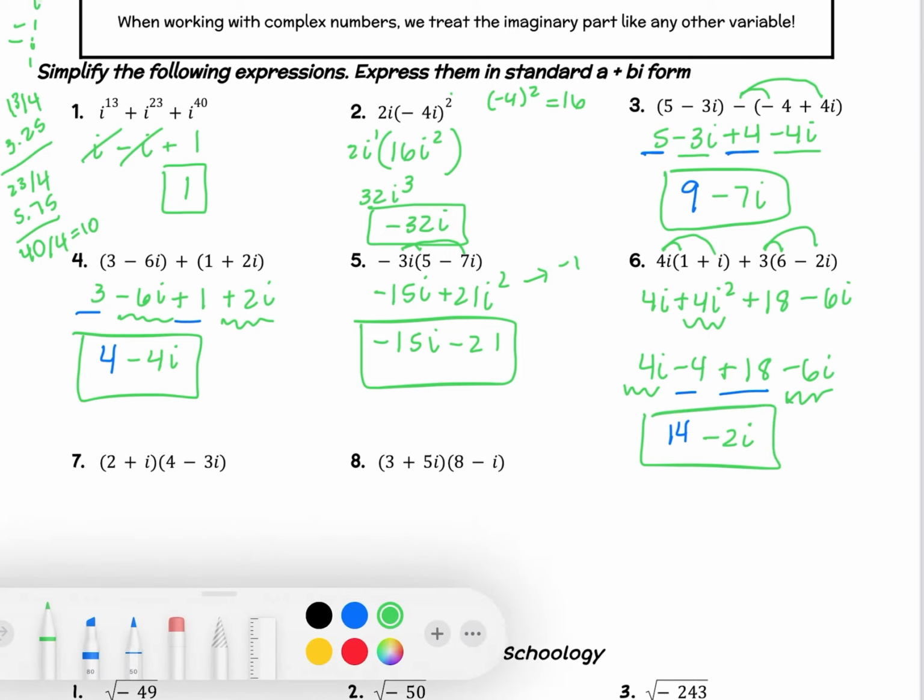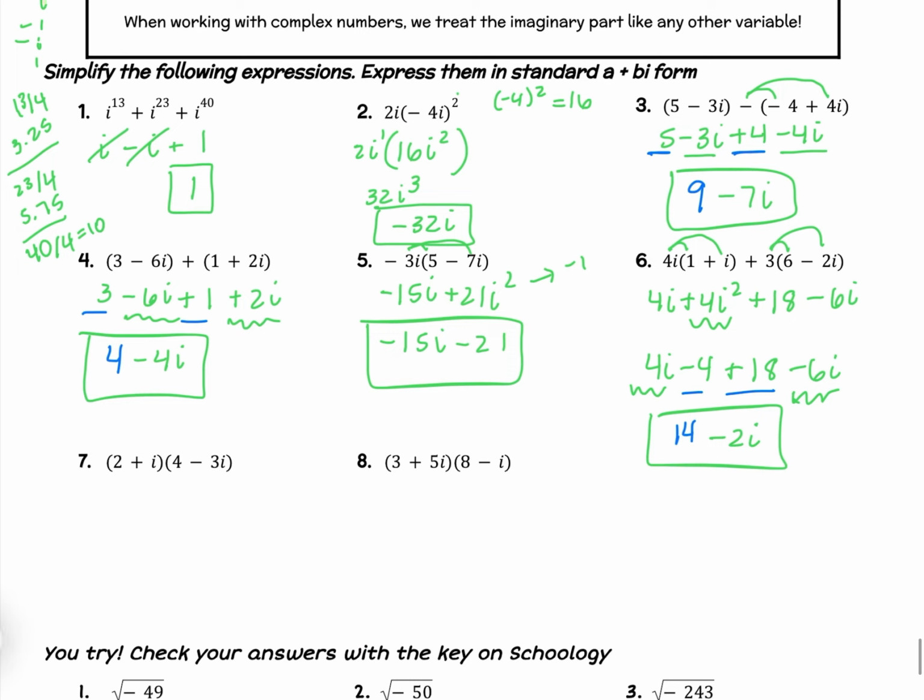All right, so now we have two binomials being multiplied together. So this is where we have to FOIL. So remember, this is first, outer, inner, last, or just make sure you multiply everything. So I'm going to do 2 times 4. That's going to be 8. 2 times negative 3i is going to be negative 6i. i times 4 is going to be plus 4i. And then i times negative 3i is going to be negative 3i squared.